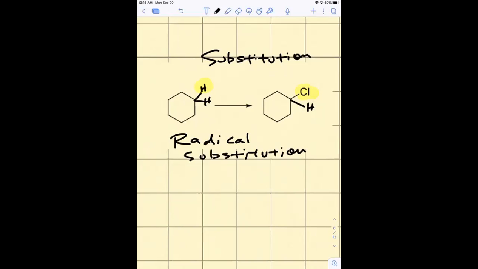With a radical substitution, what do you think about bond making and bond breaking? How's it going to happen? Homo or hetero? Homolytic, right? If it's radical.